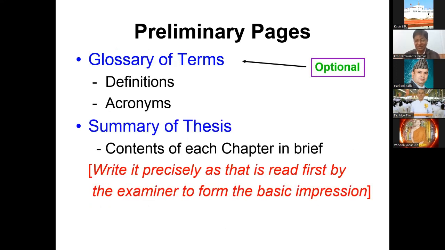What does it include? Then in the preliminary pages, you may have a glossary of the terms. Sometimes in a book, we also find that at the end of the book, before the bibliography, persons give the glossary of the technical terms.